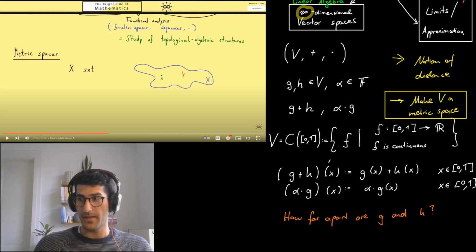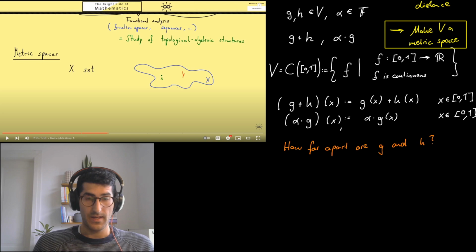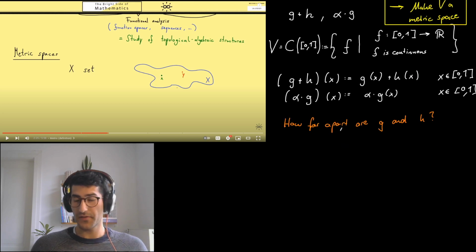So let's continue with our example. We already have specified our set. Our set is the continuous functions on the unit interval. And now the video mentioned something that we can already do. We can decide whether 2 points in our set, in our space, are equal.